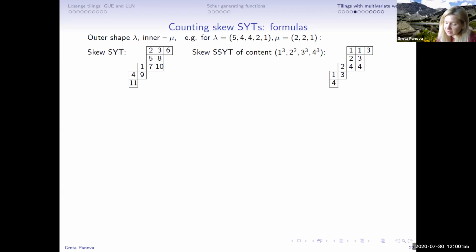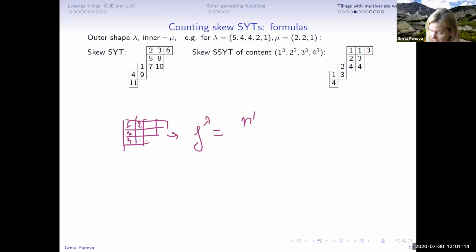How do we count the number of skew standard Young tableaux? So just to remind you, if we have straight shape Young tableau like this one, so we know that the number of Young tableaux of this straight shape is this hook length formula, right?